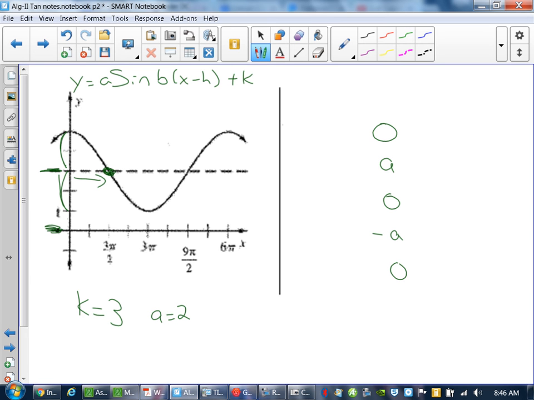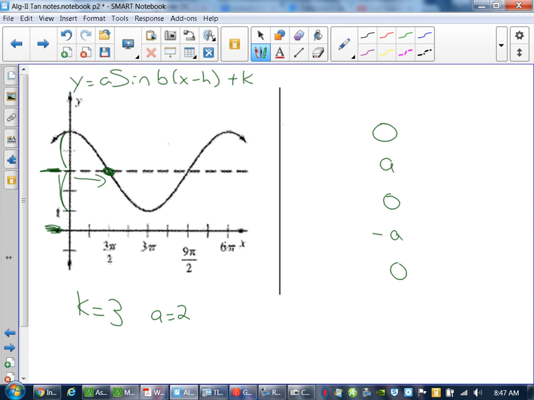Yes, ma'am. How would you know? Because couldn't technically the point before that be 0 too? Correct. That's the idea. A lot of times when you don't have the parent function, if they didn't draw in the parent function in dotted form behind, prior to the shift, you're not exactly sure if you've been moved left or right.